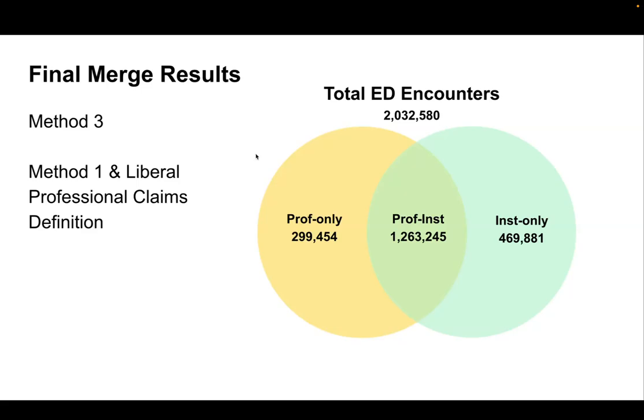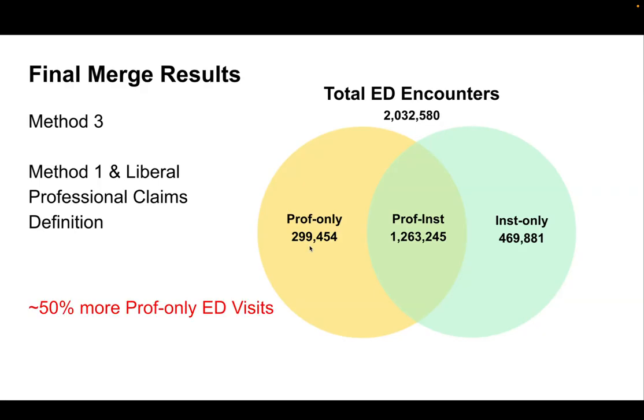We're going to call this method 3, and basically method 3 is method 1, but we're just going to swap out this liberal professional claims definition. So the institutional counts stay identical to method 1, but the professional count goes up quite a bit.